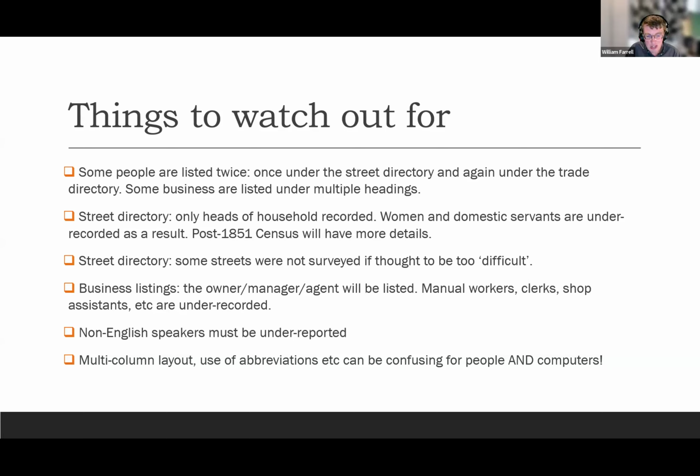A more technical issue, but one that causes a lot of problems with the digitized computer versions of the directories, is their very cramped layouts. This is true of the later 19th century directories in particular. There was so much information to squeeze in that they ended up using a multi-column layout of even triple or 4 columns, and the font size gets smaller and smaller.